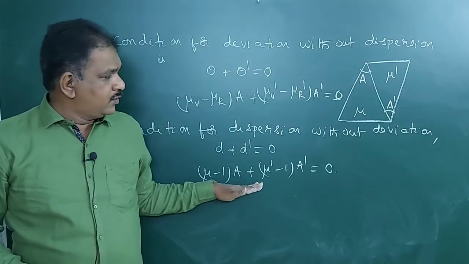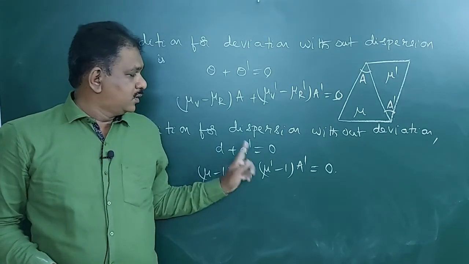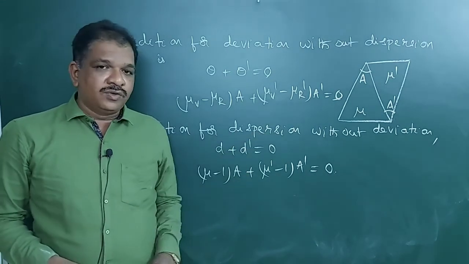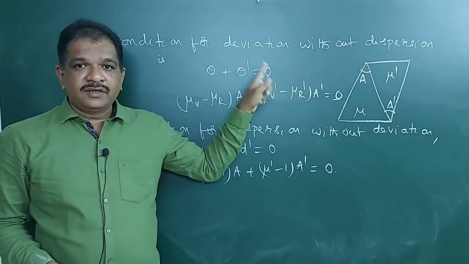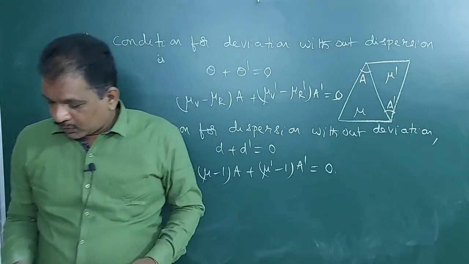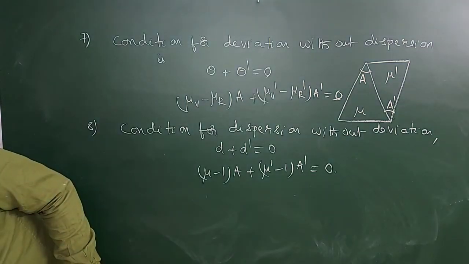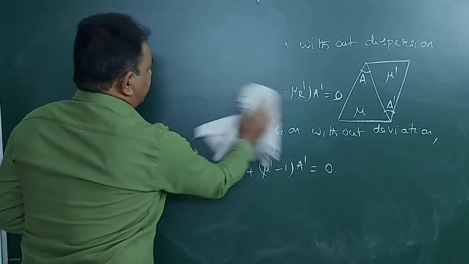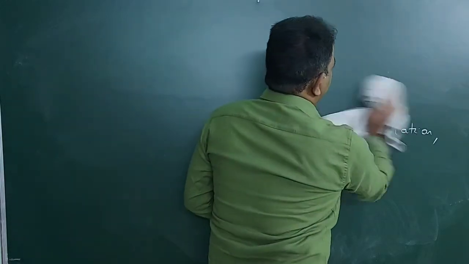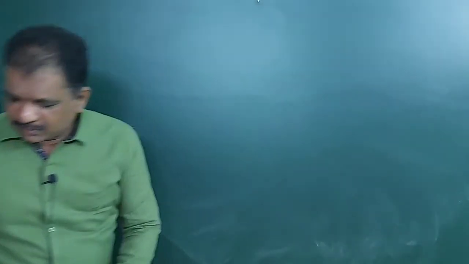This is equal to 0. This condition we will use for dispersion without deviation. This condition we will use for deviation without dispersion. Okay. Next, after finishing this, next topic will be, this is about the prisms.